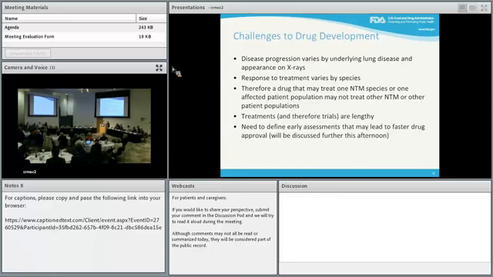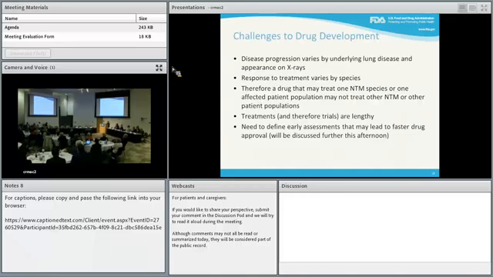The response to treatment varies. So a drug that works for one NTM species in one patient population does not necessarily work in another NTM species or another patient population. It may be difficult to extrapolate from one population to another or from one organism to another.